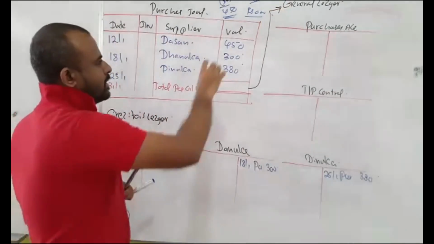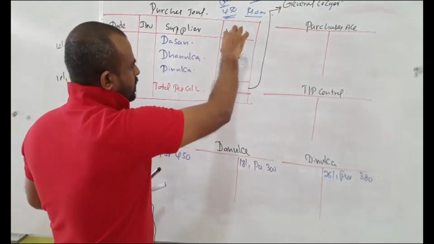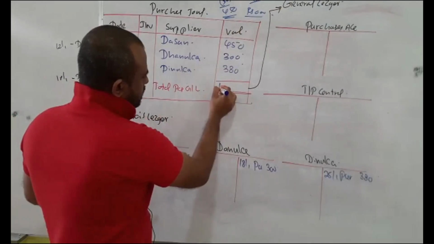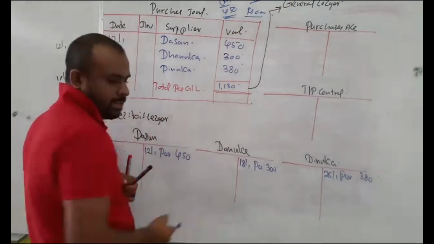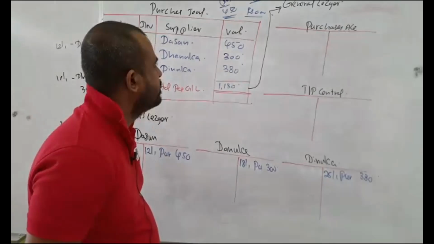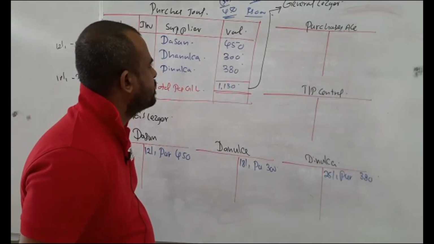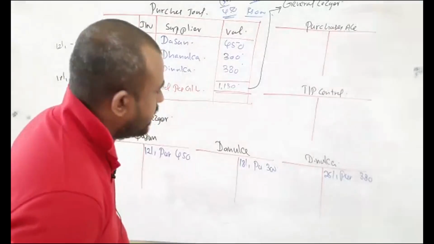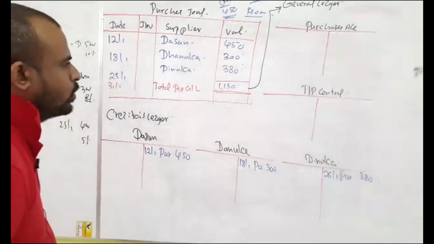How much is it? 600,000, 1 million, 1.1 million 30,000. Is that 1.1 million 30? Yes or no?